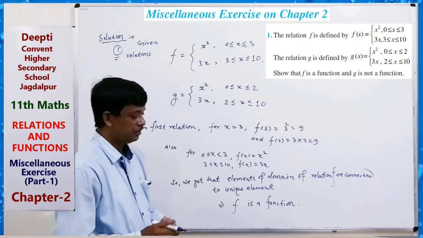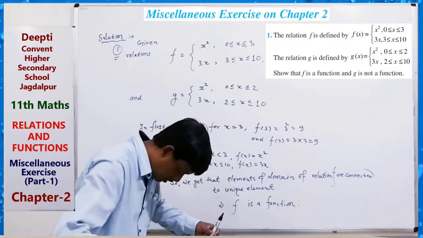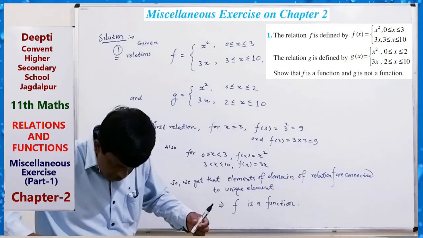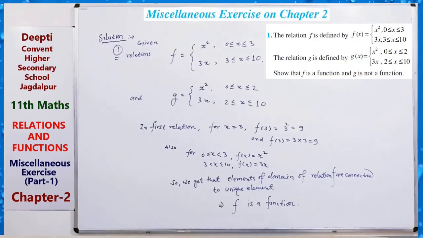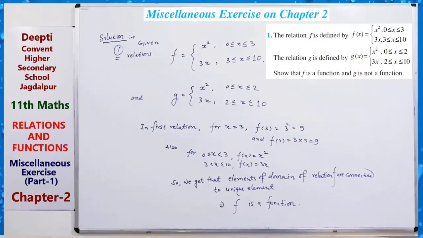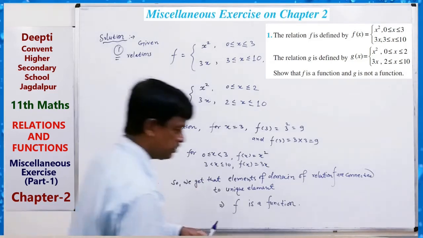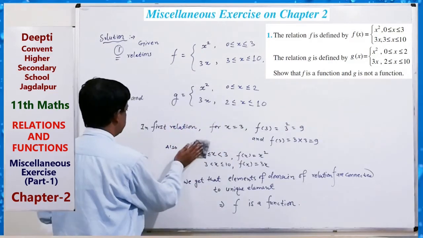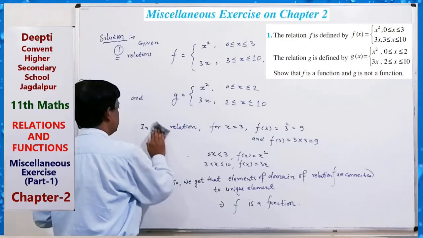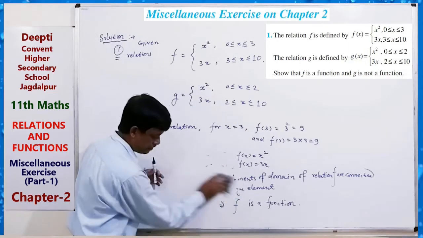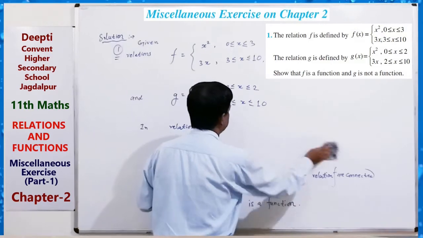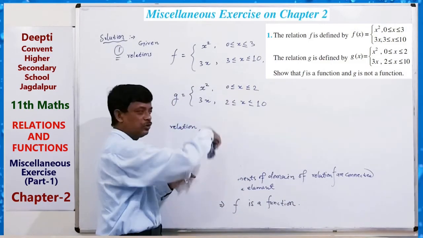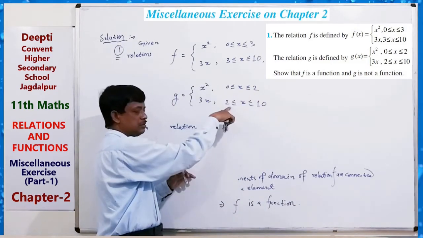Now take function relation G. In relation G there is also bifurcation at 2. 2 is included here and 2 is also included here.